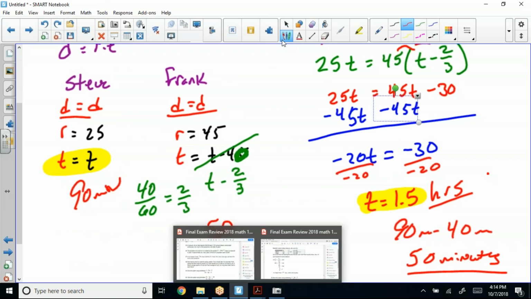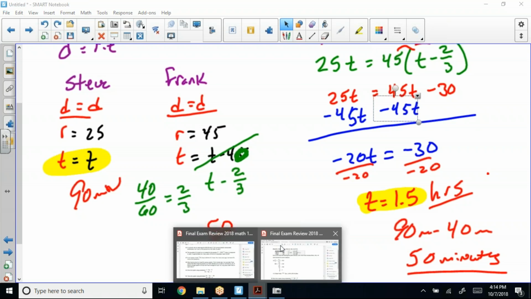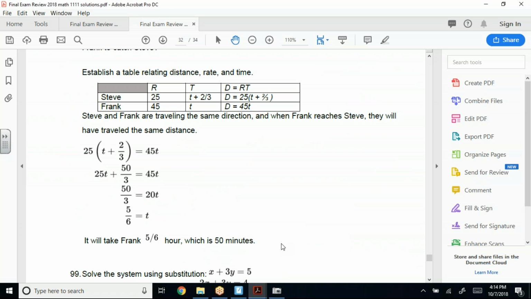So if we go back and look here, you can see, even though they set it up in a table, we still got Frank at 50 minutes, right?